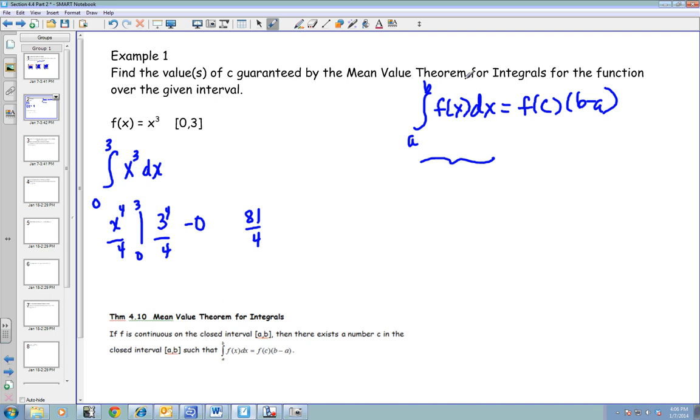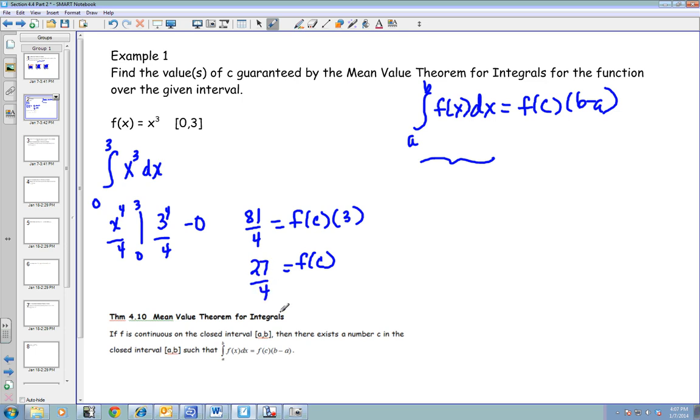So this left-hand side is 81 over 4, and I can set that equal to f of c times b minus a. But I know what b minus a is: it's 3 minus 0, or 3. Now, if I want to solve for f of c, I would have to divide by 3. When I divide by 3, 81 fourths divided by 3 gives me 27 fourths.